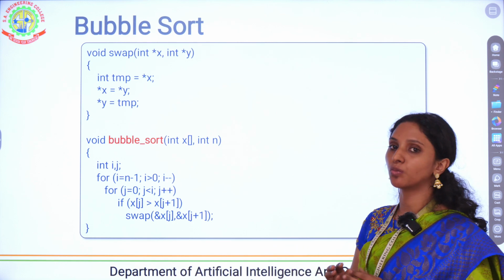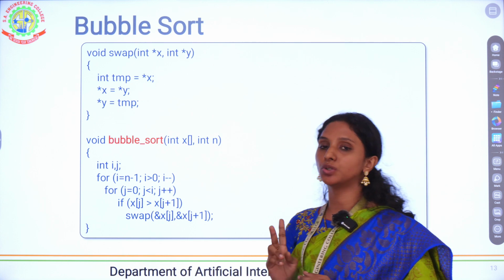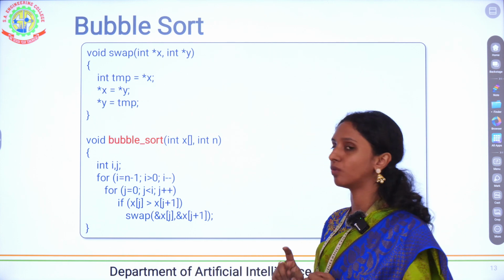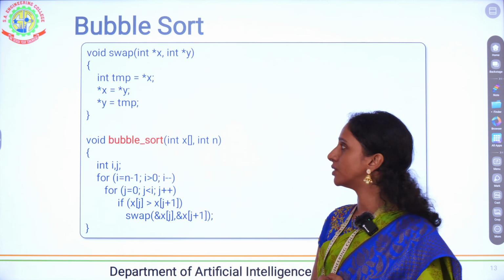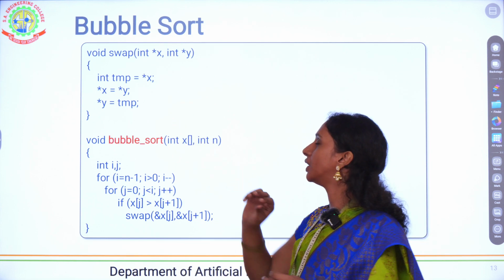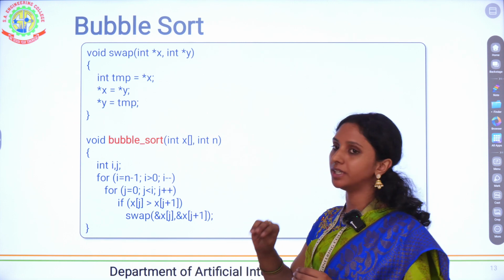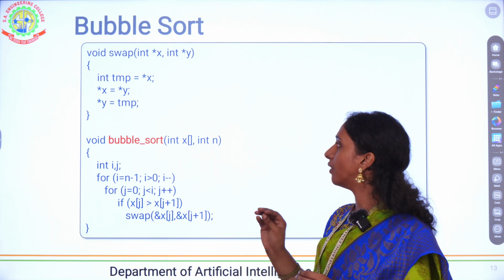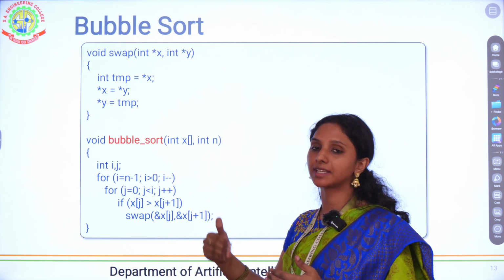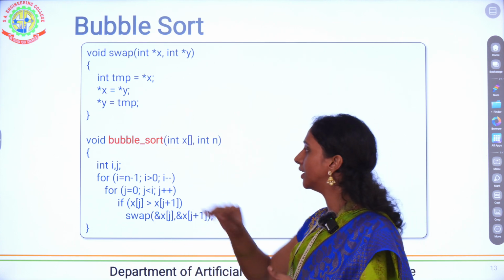Now let us see a small C programming code for bubble sort. Here we are writing two functions, one is the swap function and one is the function for bubble sort. What the swap function will do is swap the elements. Here we are taking the pointers of x and y, where the elements in the positions of x and y will be swapped with the help of a temporary variable.